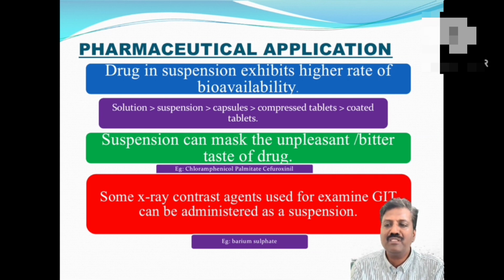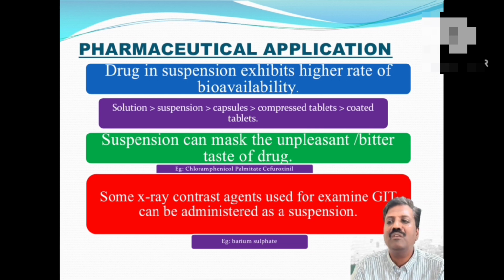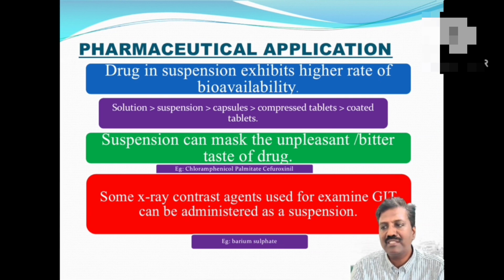Suspensions can be used to mask an unpleasant and bitter taste. Many drug molecules have an unpleasant and bitter taste, so in suspension form, sweetening and flavoring agents are included, which mask the unpleasant taste and odor. Chloramphenicol palmitate is available as a suspension to mask the unpleasant taste.